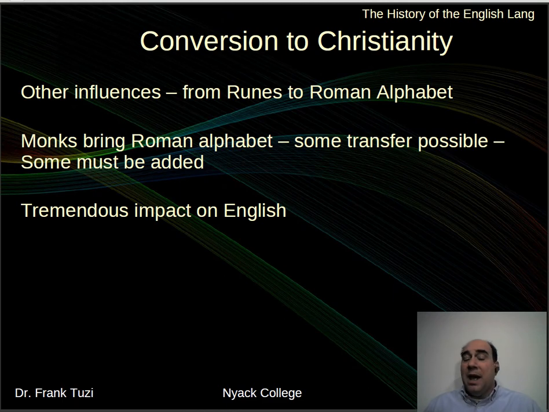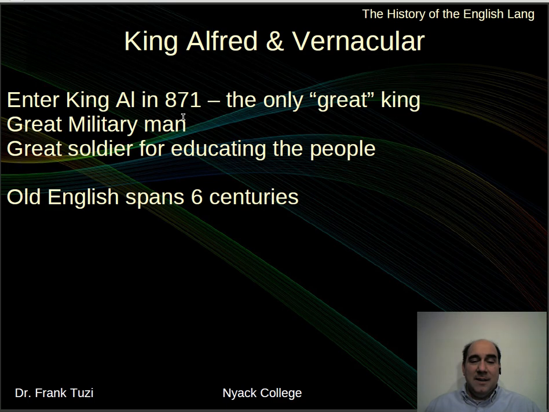The monks bring the Roman alphabet. Some are transferred, some are added, some are dropped. Again, it has a tremendous impact on the English language. The way we read now is going to change. A couple other cultures have had this experience, but it's interesting to see that there's this big change in the English language, and I'm assuming that many of you never knew that before, right?